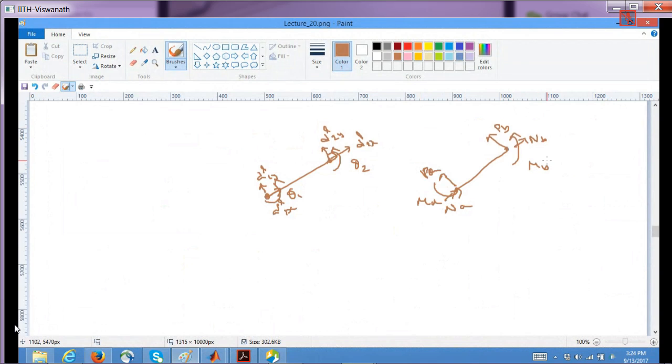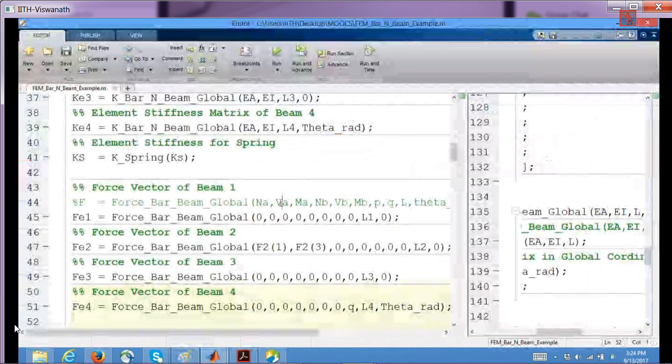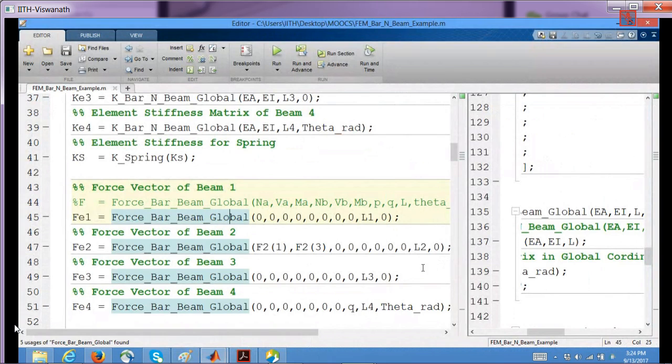So NA, VA, MA are the nodal forces, and similarly at B. Then if you have an axial distributed load P and a transverse distributed load Q, the length and its rotation will be required. When we go there and see how, one thing we need to remember is, I'll go back here.